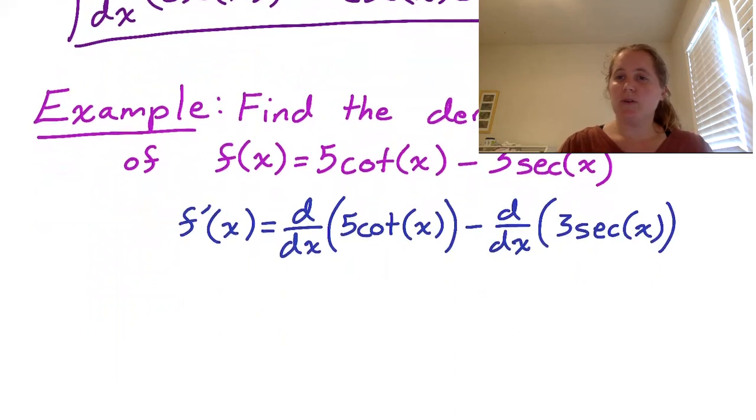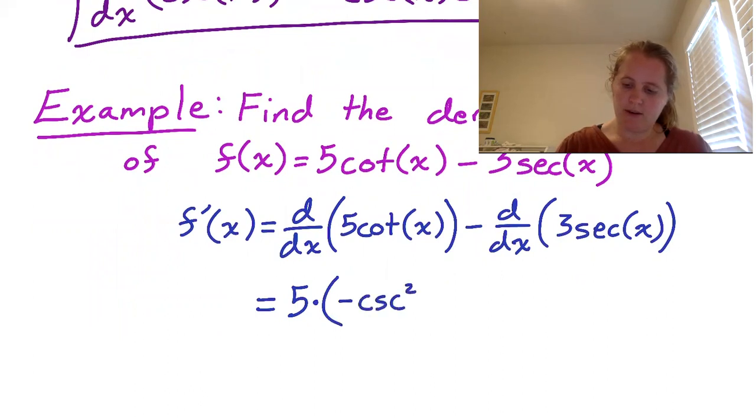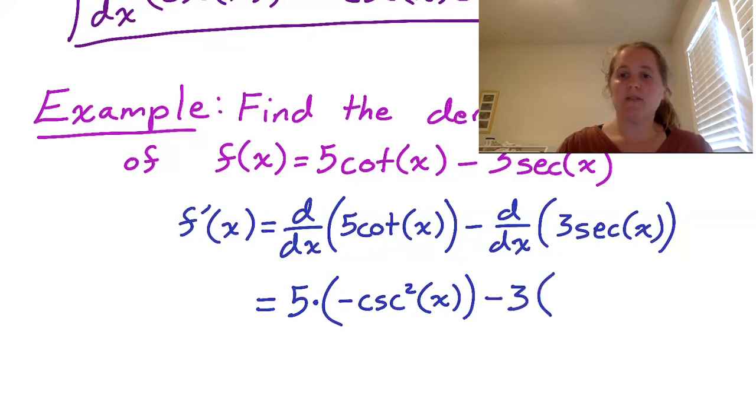Any constant or scalar multiples just come along for the ride. So this is just 5 times the derivative of cotangent, which was negative cosecant squared of x. And we are subtracting 3 times the derivative of secant x, which was secant x tangent of x.